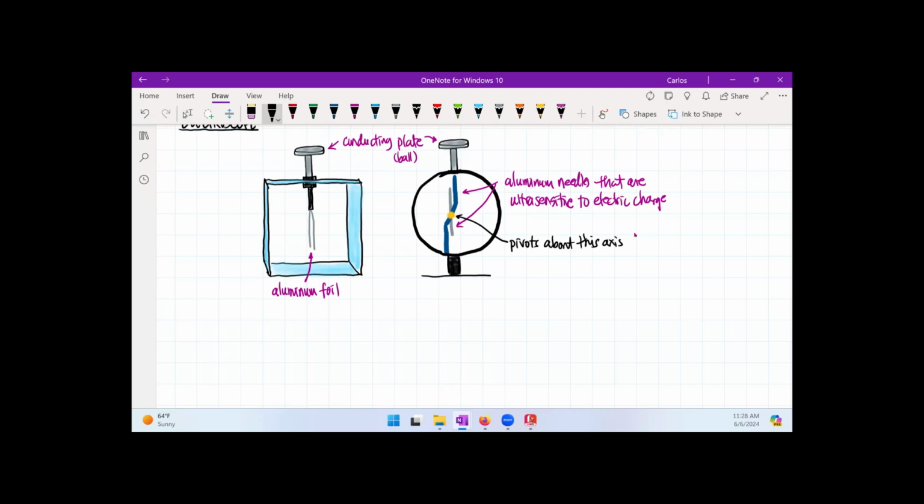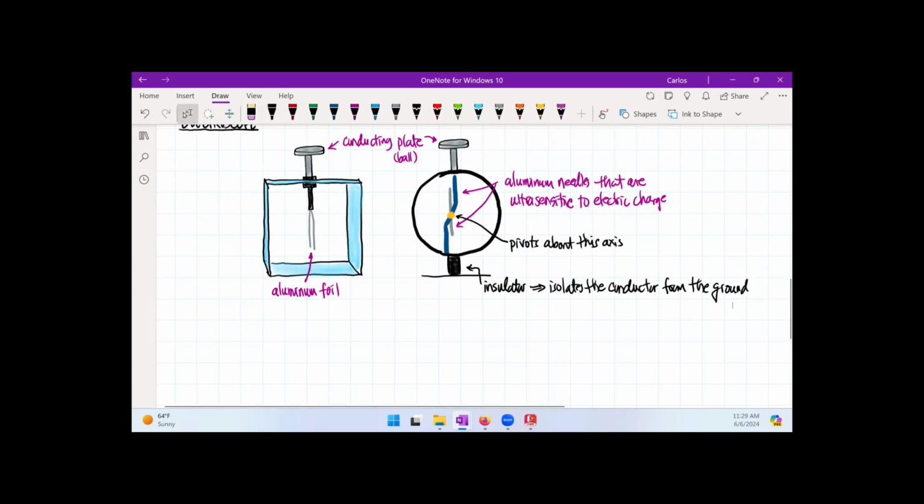And what you're seeing here is that the black is a conductor, and note right here, this is an insulator. What the insulator does is that it isolates the conductor from the ground. If you didn't have that, it turns out that the conductor would not charge up.